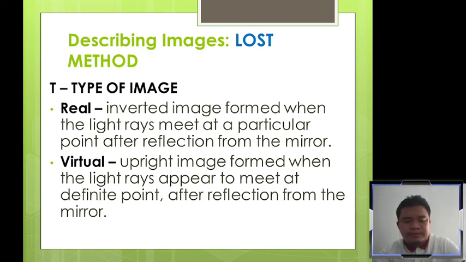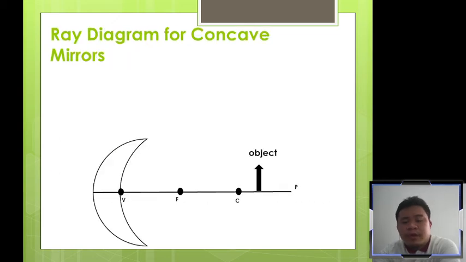Now, how do we describe images that are formed by spherical mirrors? Let's use the rules for ray diagrams in order for us to understand how light rays behave in concave mirrors. So let's first use concave mirrors in this example.